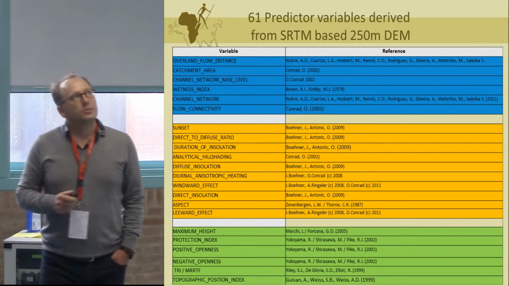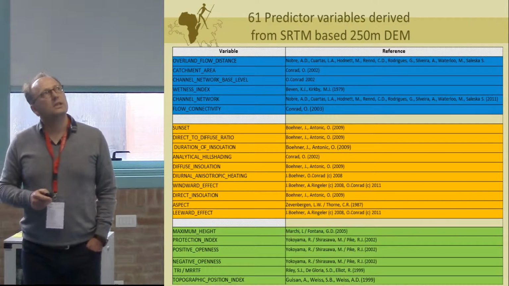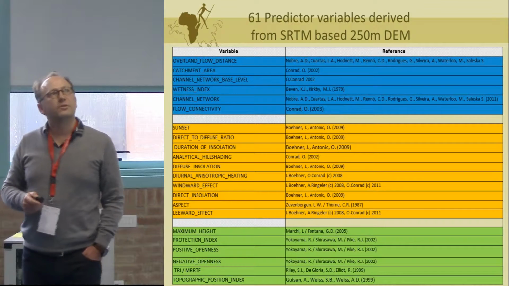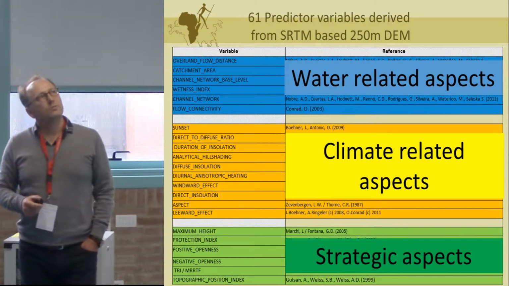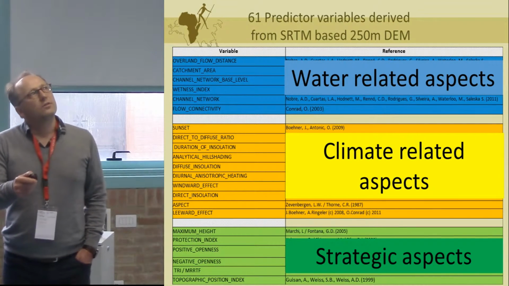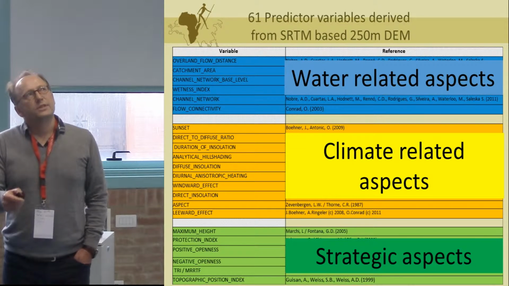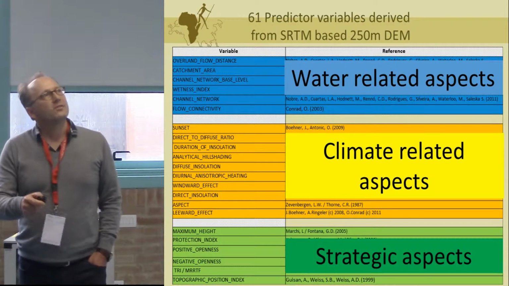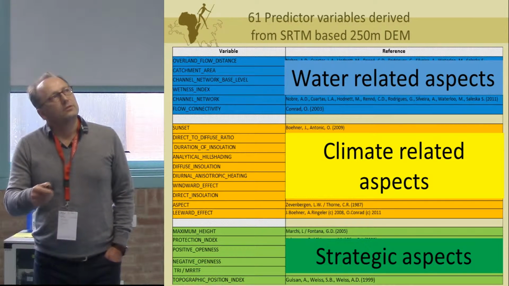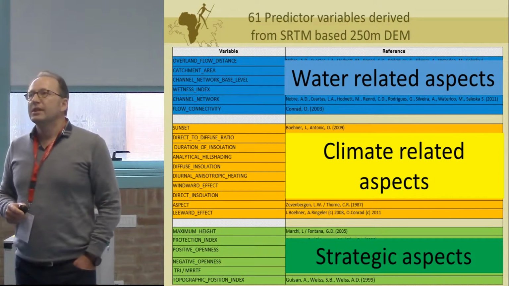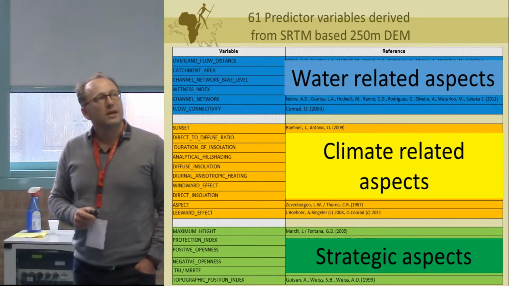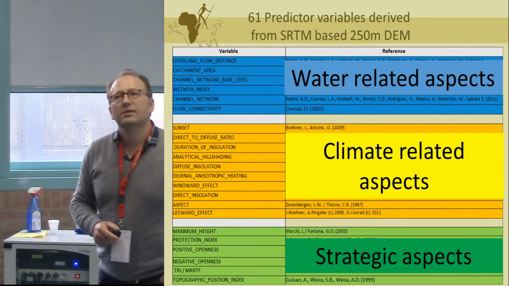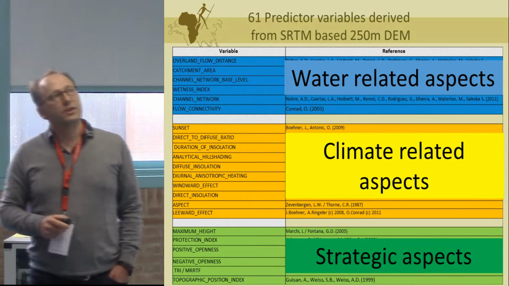So I already presented last year the different predictor variables that we classified in three different classes. So there are the predictor variables that are representing water-related processes. There are topographic indices representing climate-related aspects, and there are topographic indices that are representing strategic aspects.